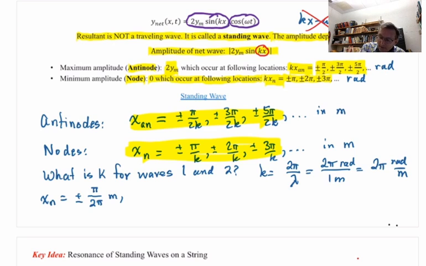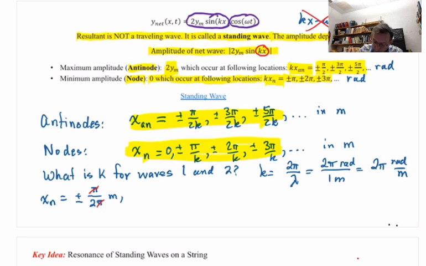But, of course, the pi's cancel, so that's really just plus or minus a half a meter, 0.5 meters. By the way, 0 will work too, won't it? I should put that up there. Also 0, because the sine of 0 is 0. So there's also a node at 0, so let's not forget that one.